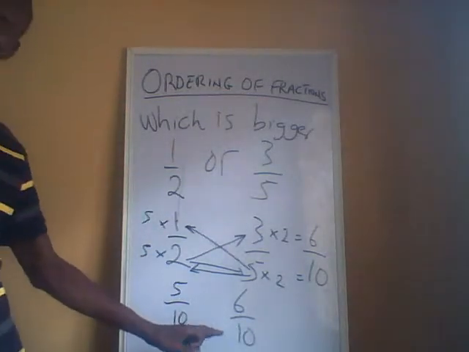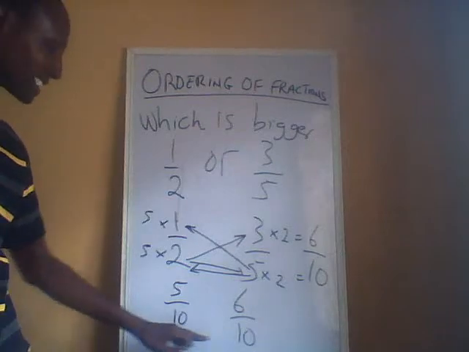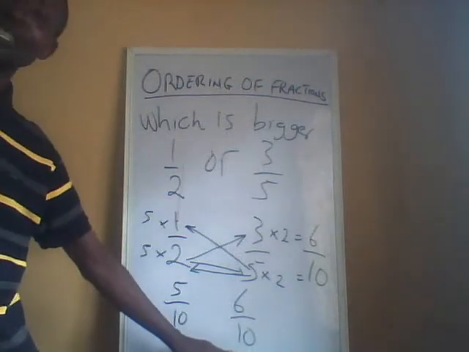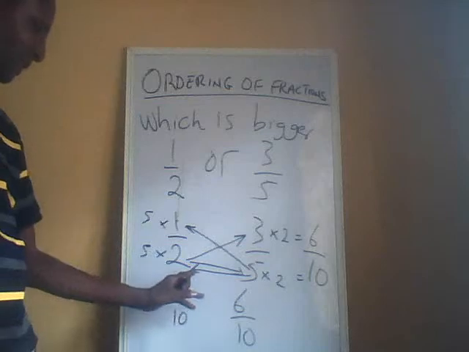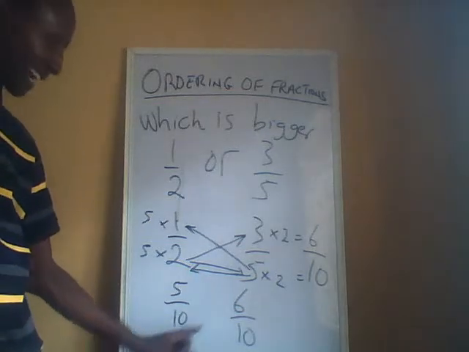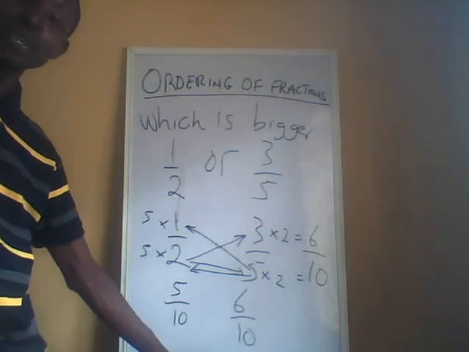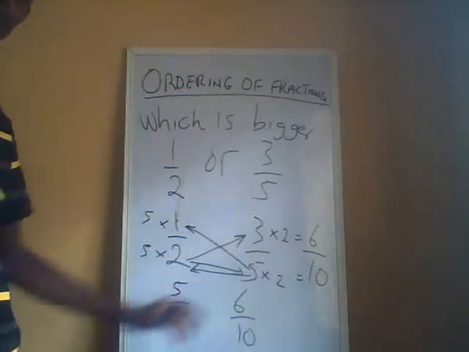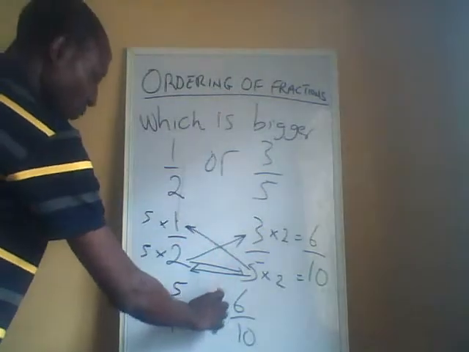We have succeeded in putting them on the same denominator. So what are we saying? 5 over 10 and 6 over 10. Which is bigger? 6 over 10 is bigger. That means 5 over 10 is less.